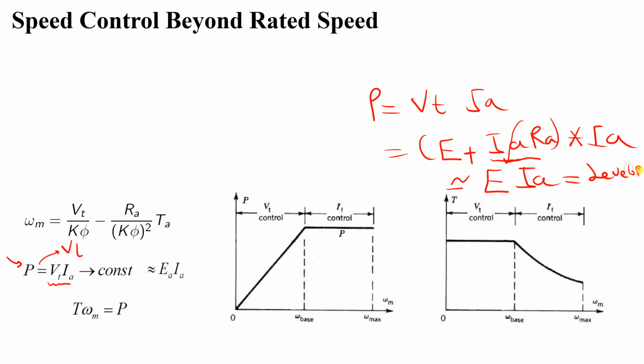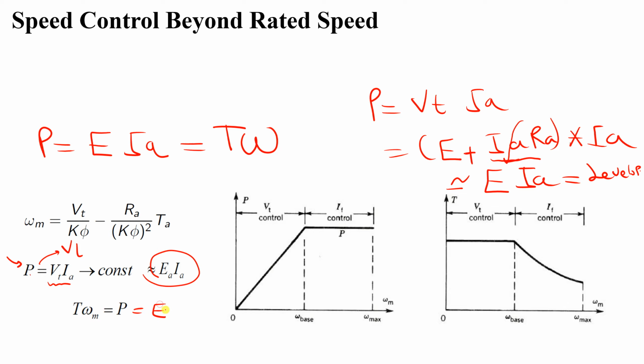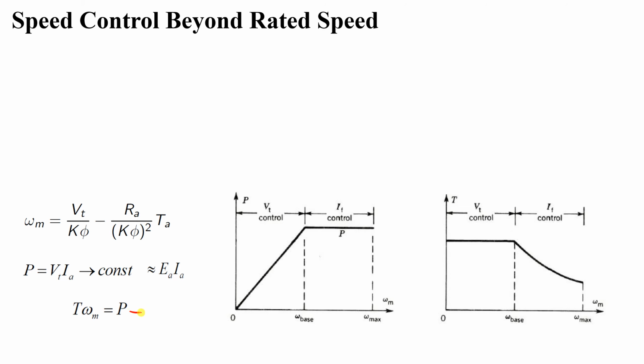Our developed power is equal to E IA, which is equal to the torque multiplied by omega. So let's just delete all of this and keep this part, E IA.